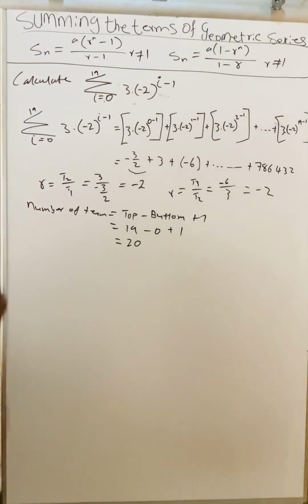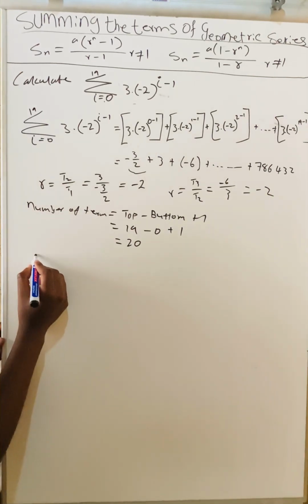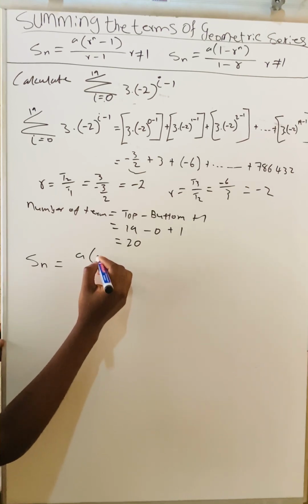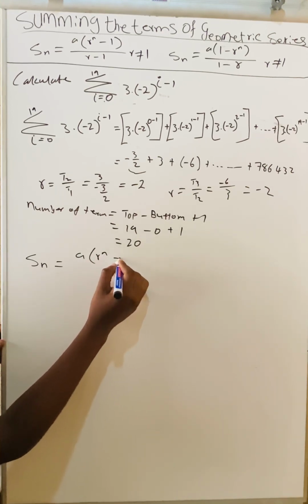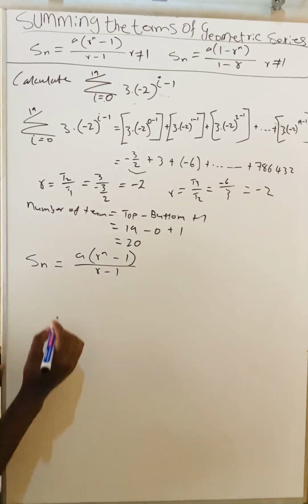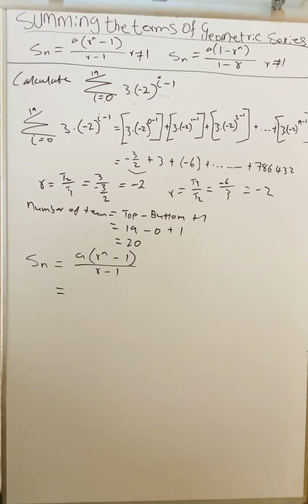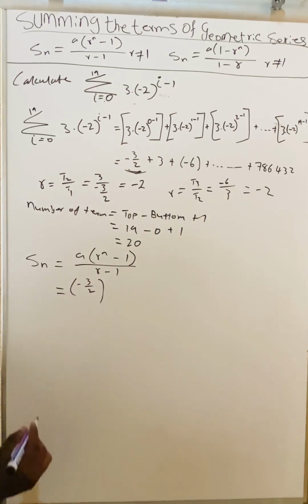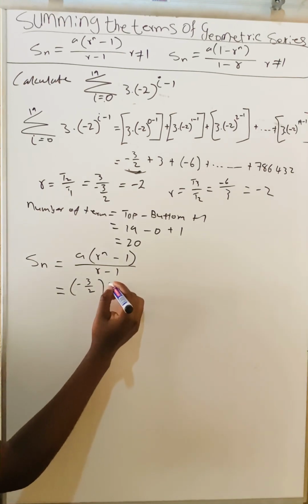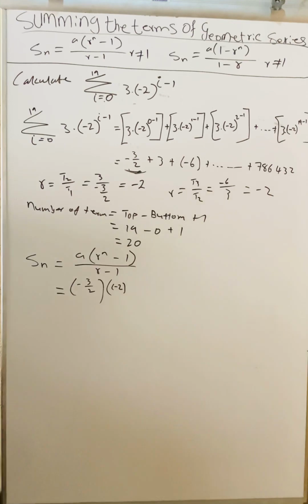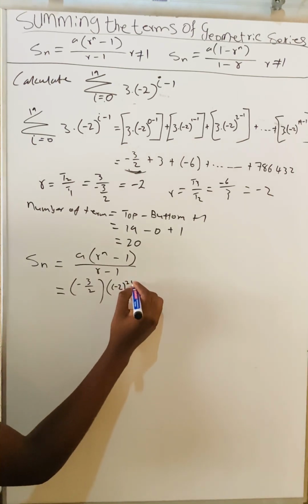From here, you just write your formula. You just say Sn is equal to A into brackets R to the power n minus 1, close the brackets, over R minus 1. What is our A? It is negative 3 over 2. What is your R? It's negative 2. What is your n? It's 20.